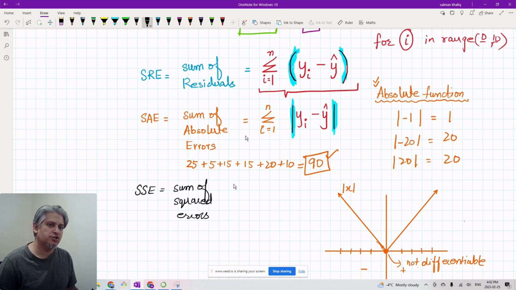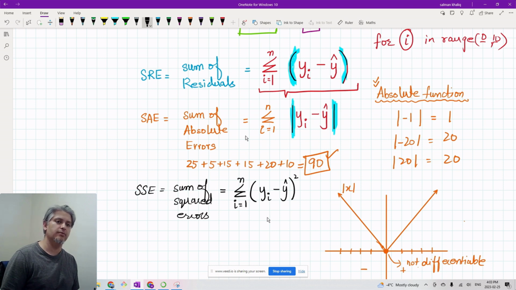And my equation is going to turn out to be summation from i equals 1 till n, all the values of original y, I'm going to subtract from the predicted y, and I'm going to square every term and add into the previous one. This would be my formula, and this is what we call sum of squared errors.